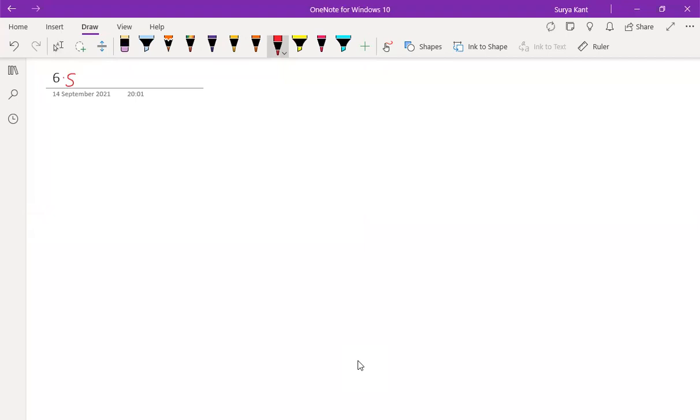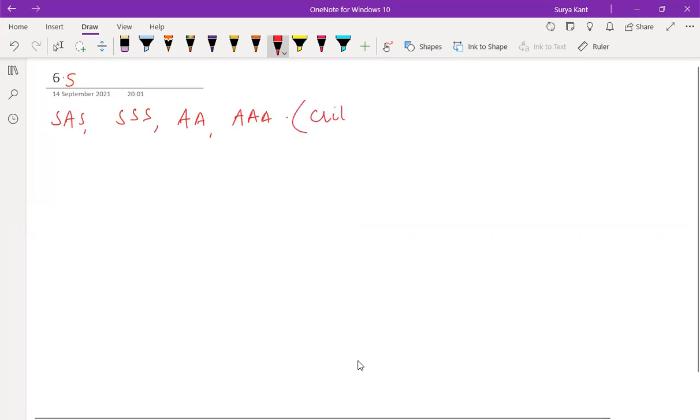The criteria are SAS, SSS, AA, and AAA, right? These are the criteria for similar triangles.